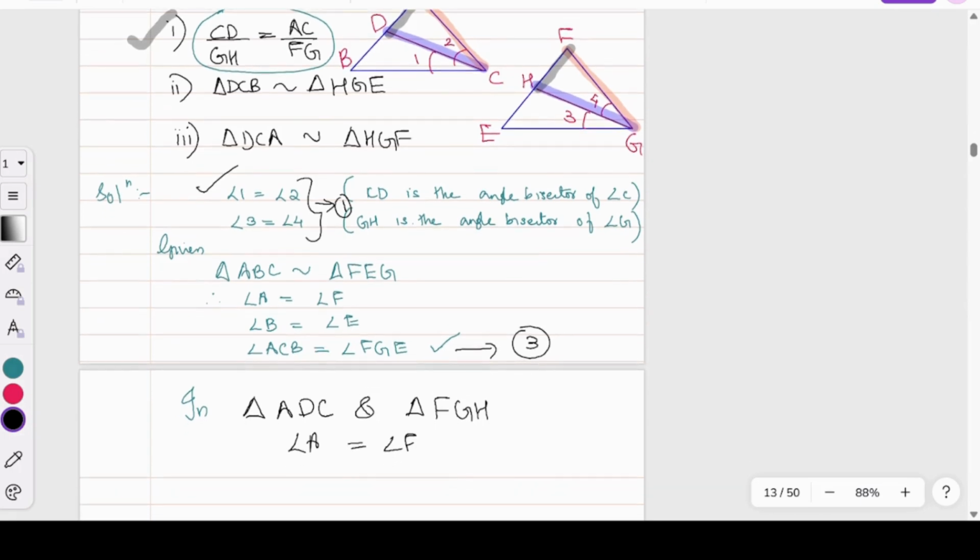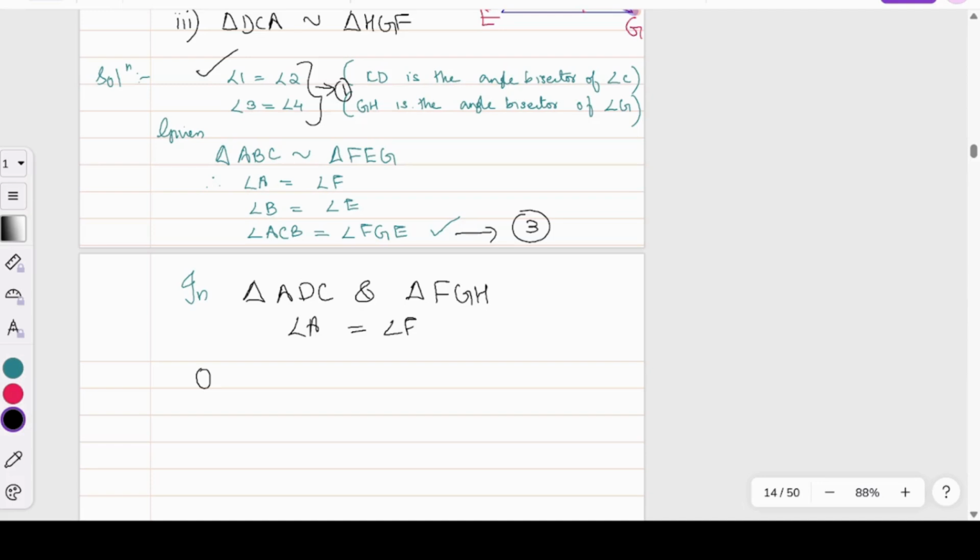So on comparing, from equation 1 and this one, let me give it as equation number 2, what can I write? Angle 1 equal to angle 2 equal to angle 3, which is also equal to angle 4, right?